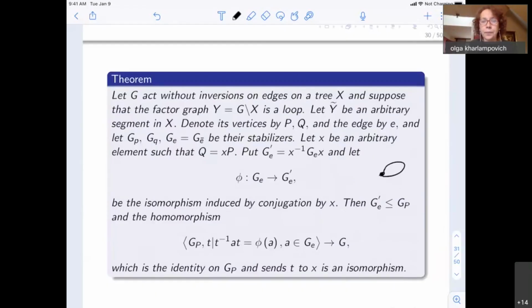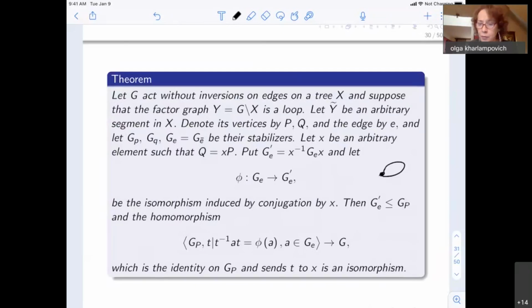again, we can take an arbitrary segment in this tree, denote its vertices P and Q and the edge by E, and then take their stabilizers, and then let X be an arbitrary element which takes P to Q. They are in different orbits.